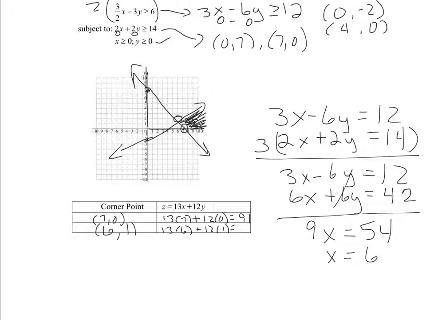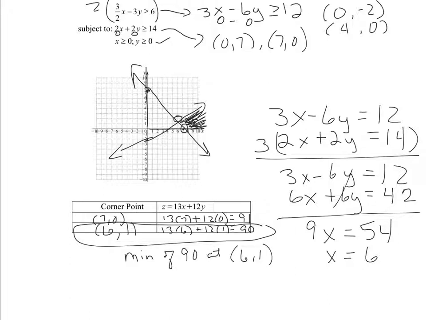Well, that ends up giving us 90. These are very, very close together, but since I'm trying to minimize, 90 is smaller than 91, and that means we have a minimum of 90 at the ordered pair 6, 1. That's where it will be minimized.